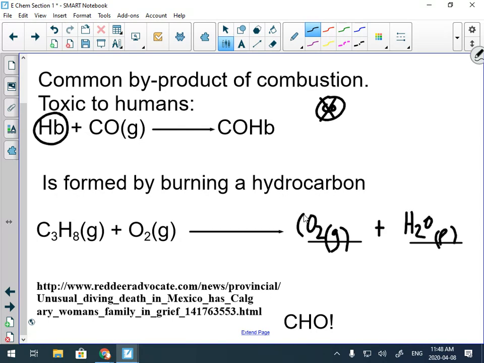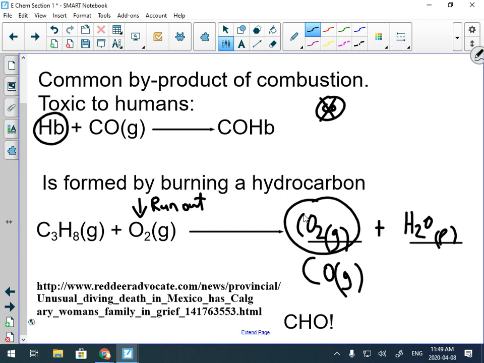Now, if you start to run out of oxygen, you don't have enough oxygen to make 1 part carbon, 2 parts oxygen. You get carbon monoxide as a byproduct.